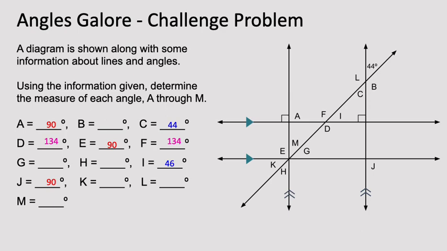Next, let's move on to angle L. Angle L forms a linear pair with that 44-degree angle, so the measure of angle L is 136. This is just the order I worked in. You might have worked in a different order. Next, I went on to angle M. And the measure of angle M is 44 degrees.